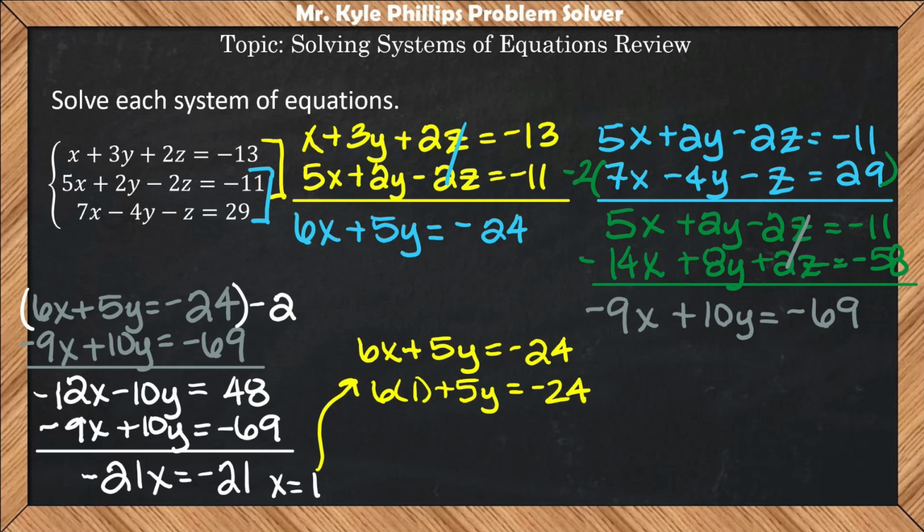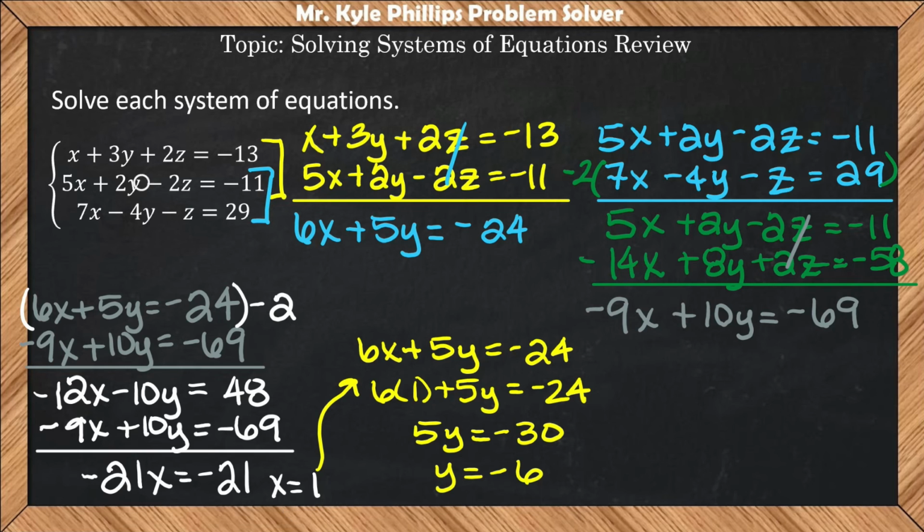So we know 6 times 1 is 6, and then I'm going to need to move it to the other side. So negative 24 minus 6 is going to be negative 30. And then when I divide, I'm going to get negative 6. Now I have found my x variable, my y variable, value rather, sorry.